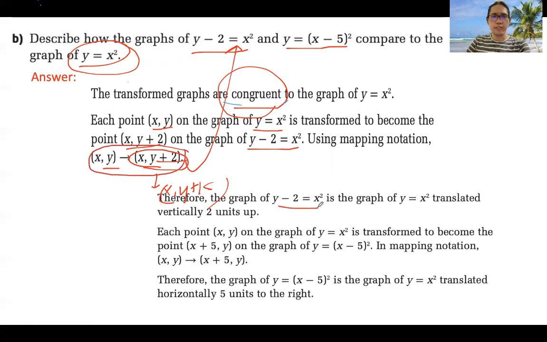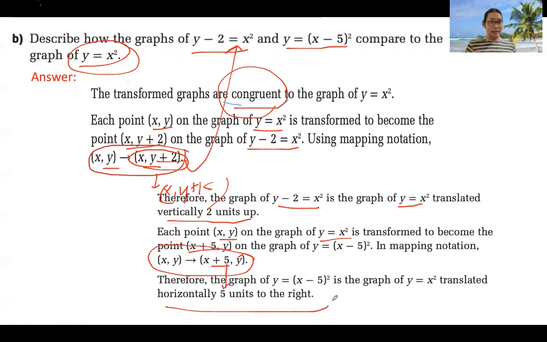Therefore, the graph of y minus 2 equals x squared is the graph of y equals x squared translated vertically 2 units up. Also, each point (x, y) on the graph of y equals x squared is transformed to become (x plus 5, y), as shown in this mapping notation. This describes the movement of the graph horizontally 5 units to the right.